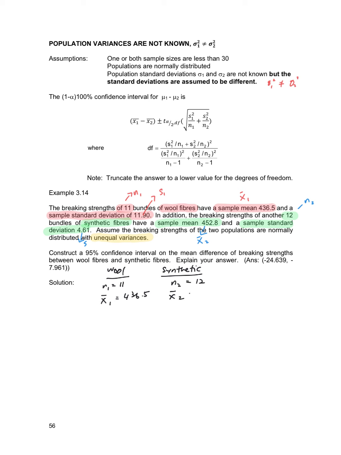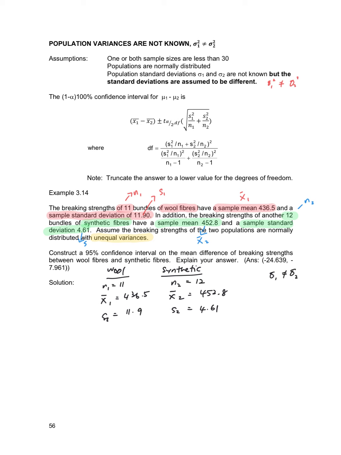X bar 2 equals 452.8. S1 equals 11.9. S2 equals 4.61.